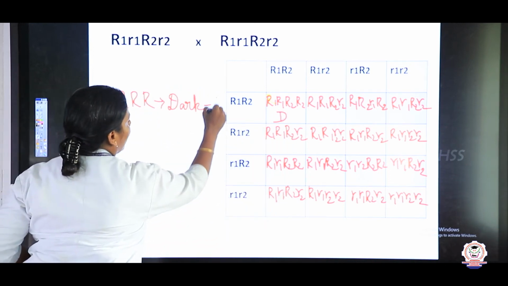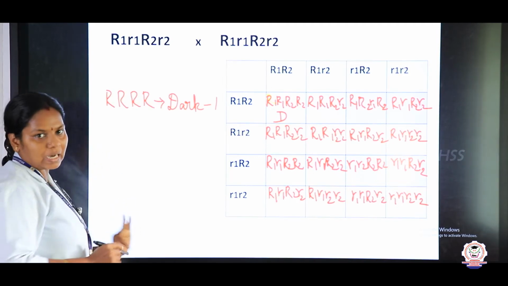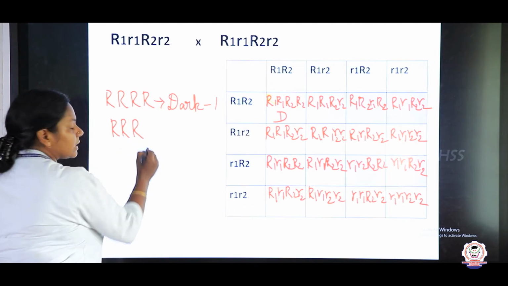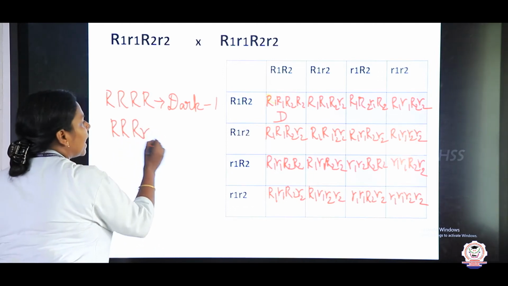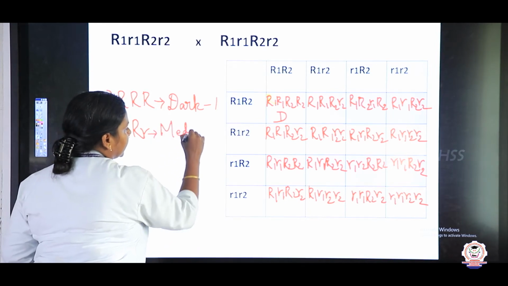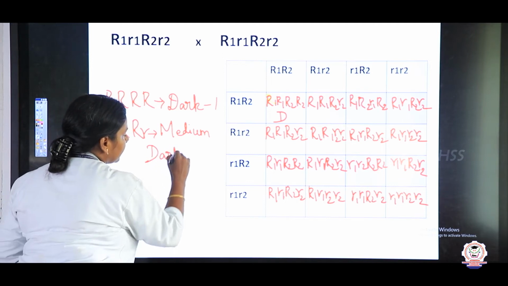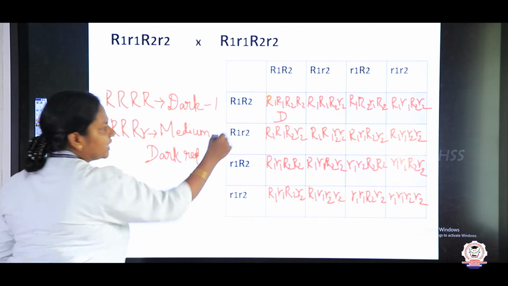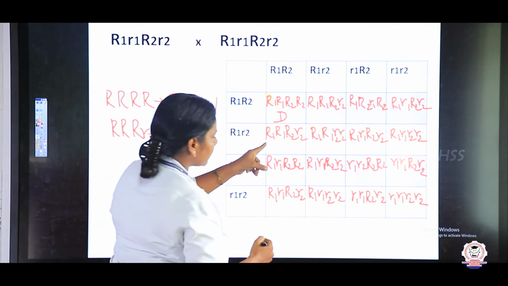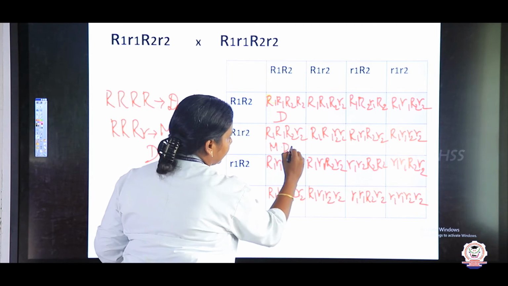That is one. And if it has three capital R, that is if three are capital and one is small, the color will be medium dark red. So now identify how many have three capital R. So here, this one, medium dark red. And this one also has three capital R, so medium dark red.